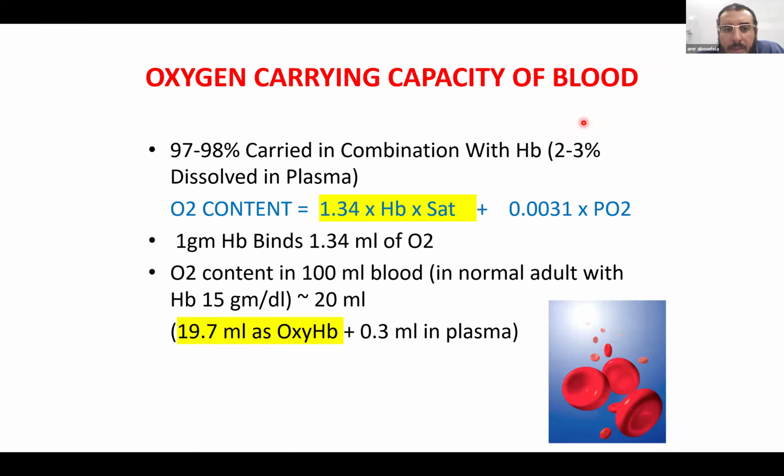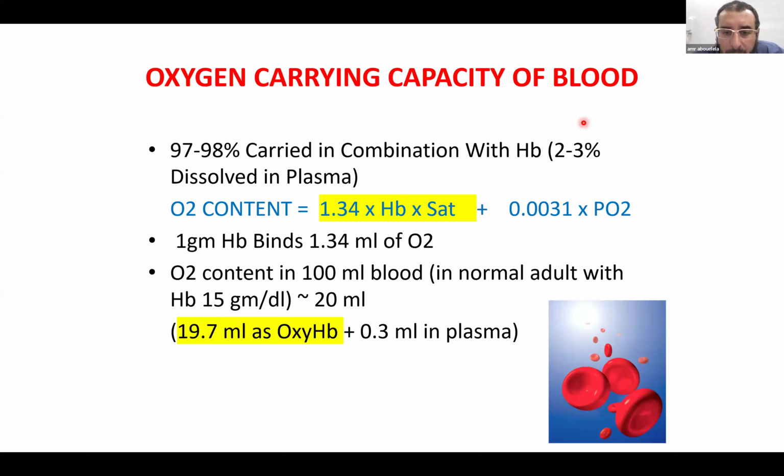Oxygen carrying capacity of blood. The oxygen in the blood, most of the oxygen, up to 98%, is carried in combination with hemoglobin. Only 2 to 3% is dissolved in plasma. So the oxygen content is relying mainly on the amount of hemoglobin or the amount of oxygen carried in the hemoglobin. And you should know that 1 gram of hemoglobin is able to bind 1.34 ml of oxygen.